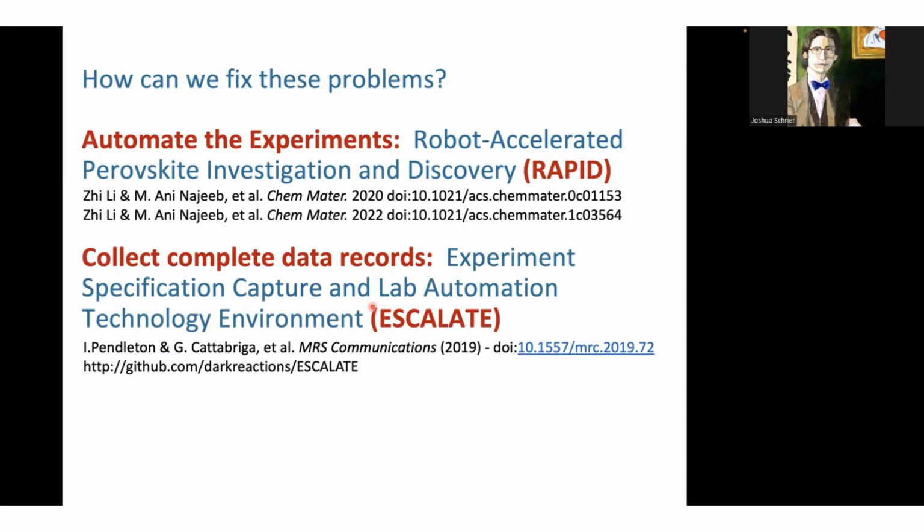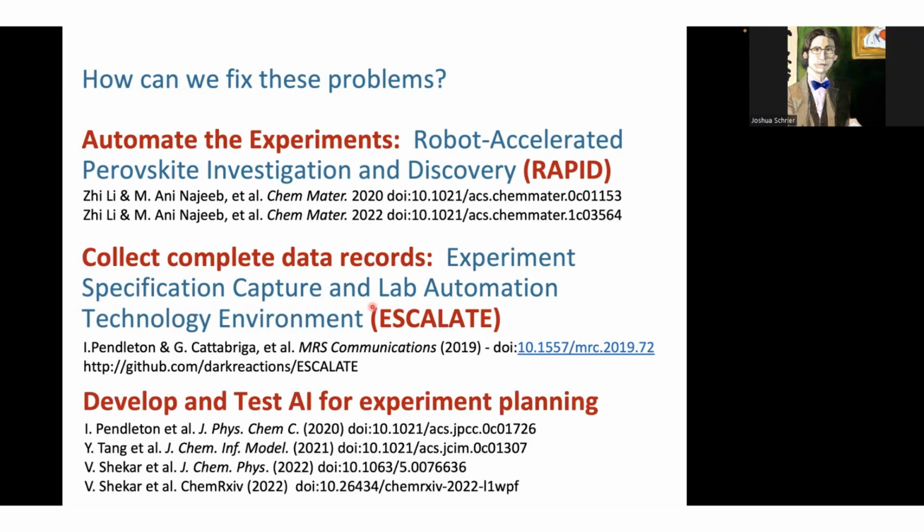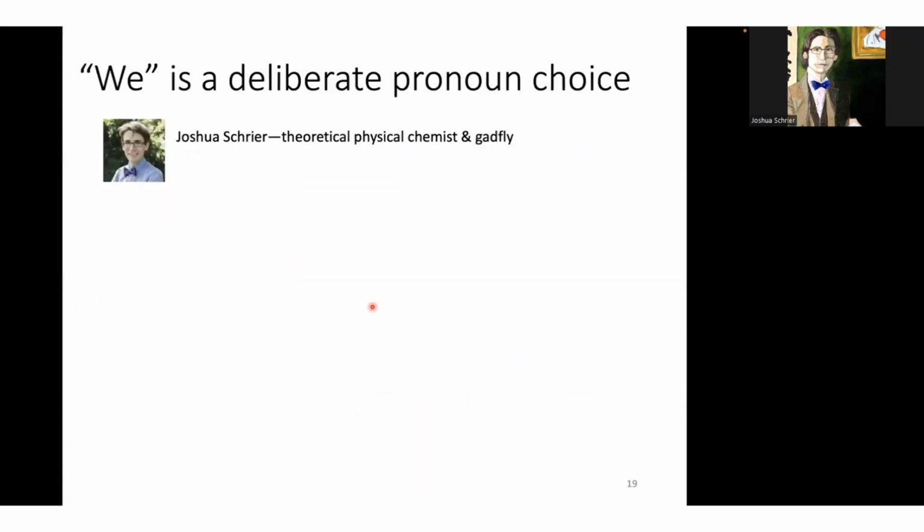We call this the Escalate software. I won't talk about it at all today. What I want to focus on is the ways that we've used this system to develop and test machine learning driven experiment planning, and so I'll focus on some of those.